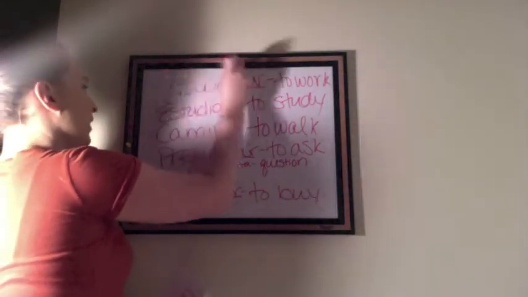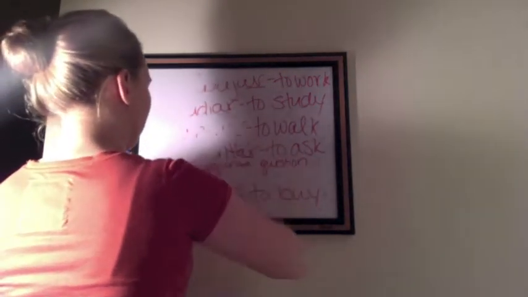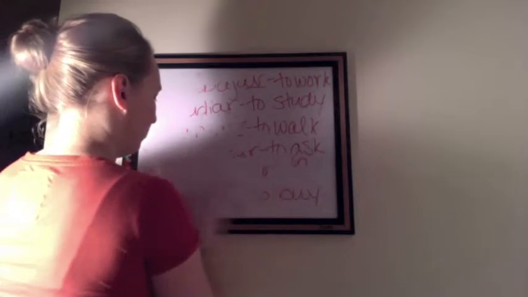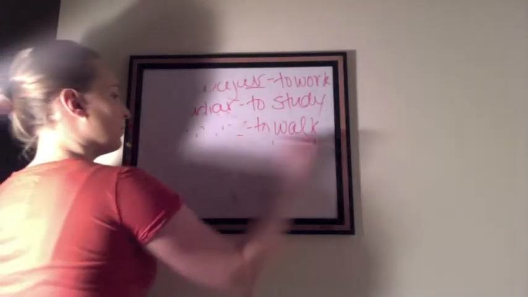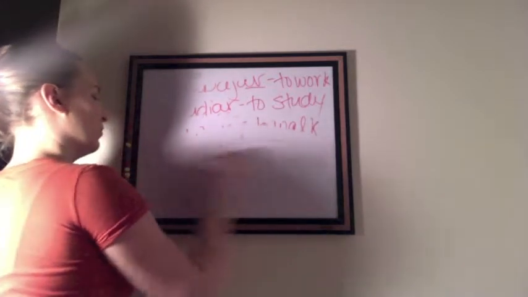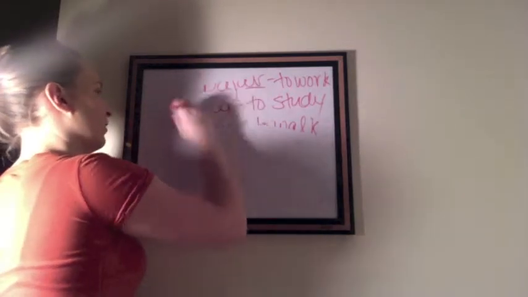Okay, so now we're going to learn the subject pronouns so we can conjugate these verbs. If you guys didn't get them all, you can ask me after class and I'll go over them with you. Okay, so next we're going to learn the subject pronouns.